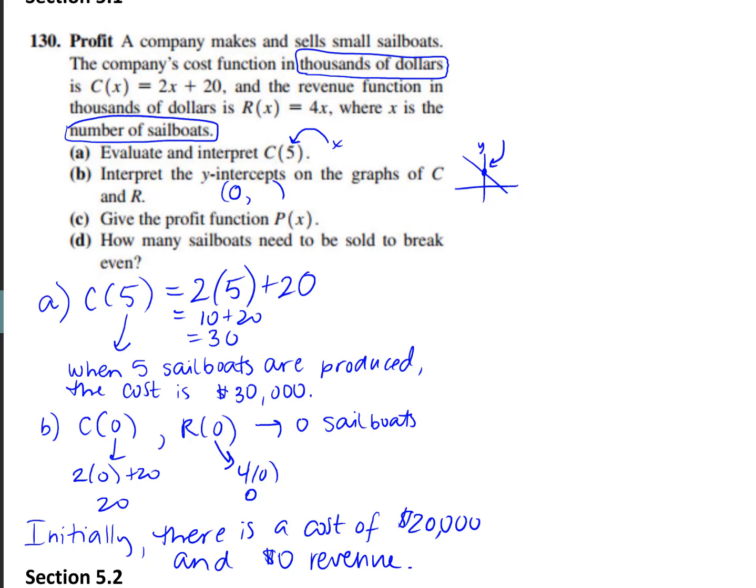So to interpret that, just something to the effect of initially there is a cost of $20,000 and $0 in revenue. Initially meaning when you've produced 0 product.